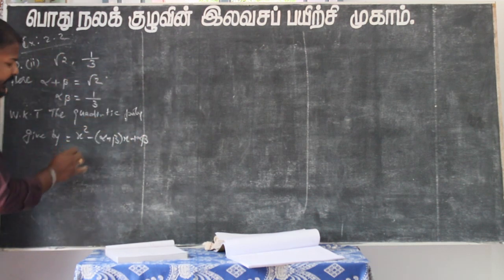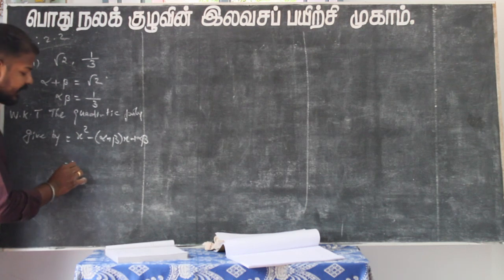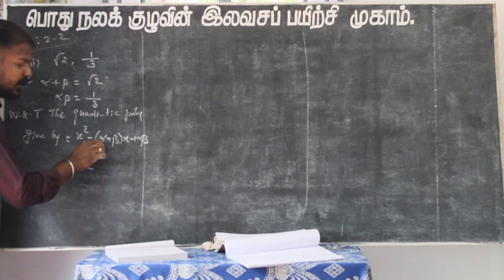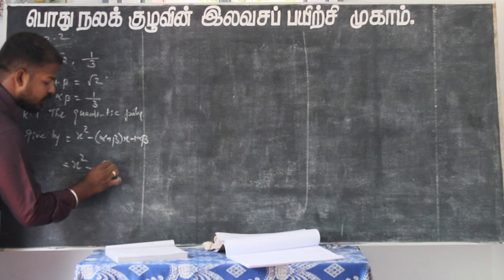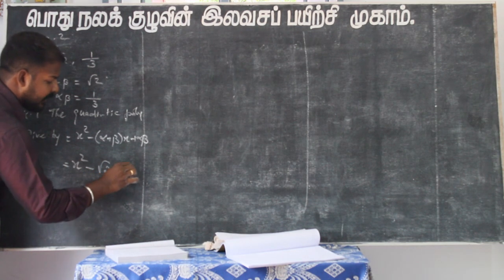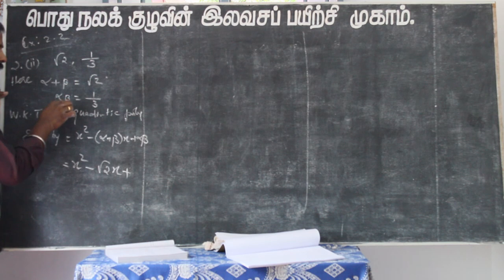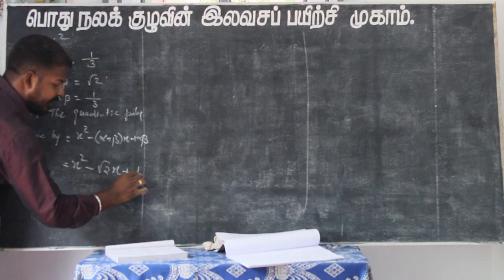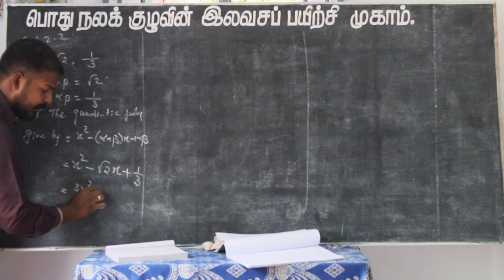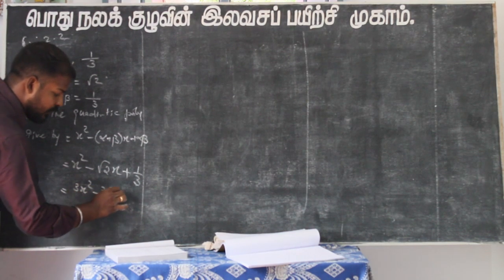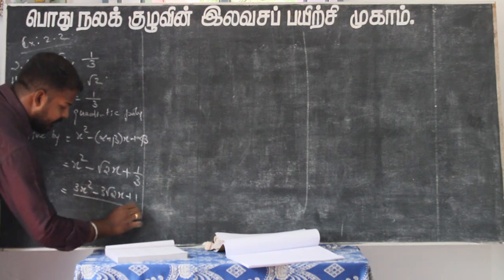So simply you directly substitute here. What will we get? x square minus root 2 into x plus 1 by 3. Find the LCM here, the LCM is 3. So 3 into x square minus 3 into root 2 x plus 1, divided by 3.